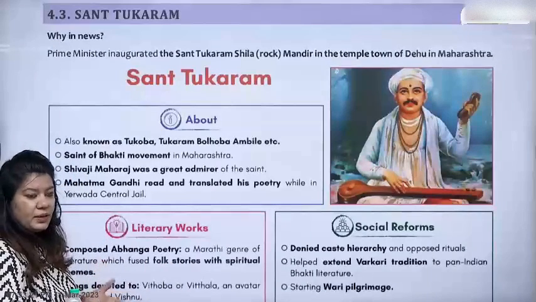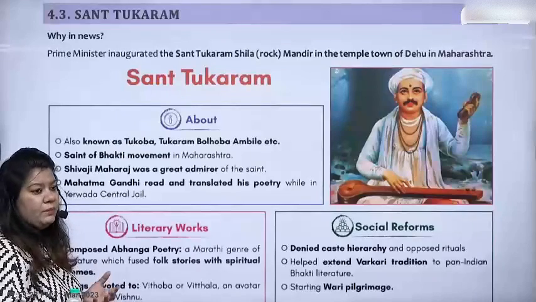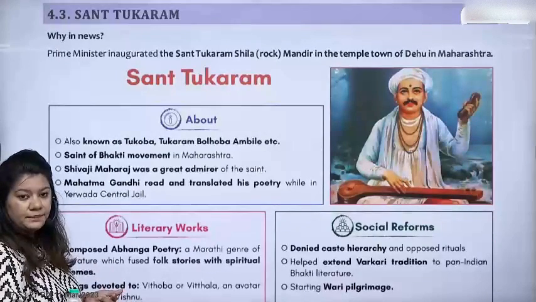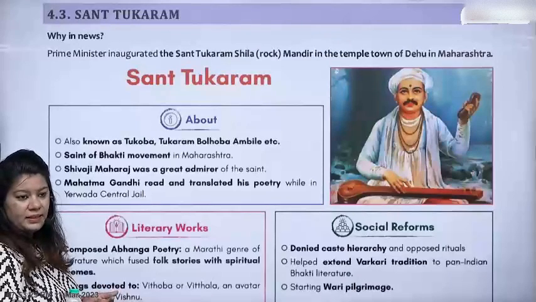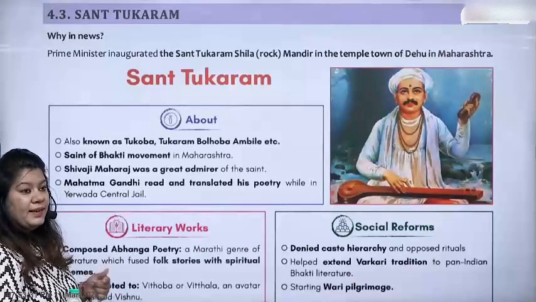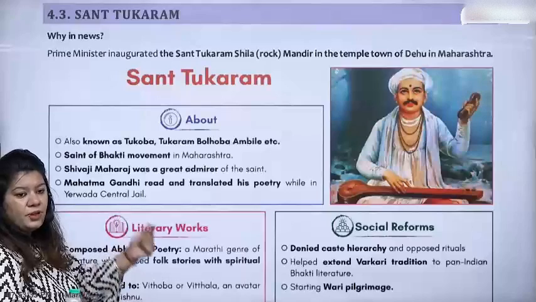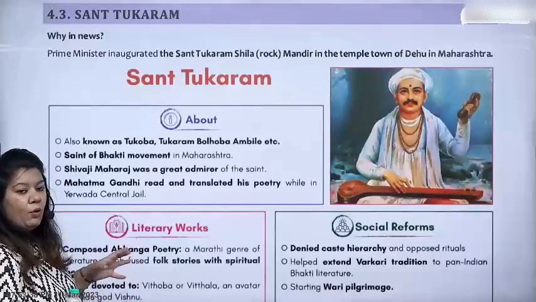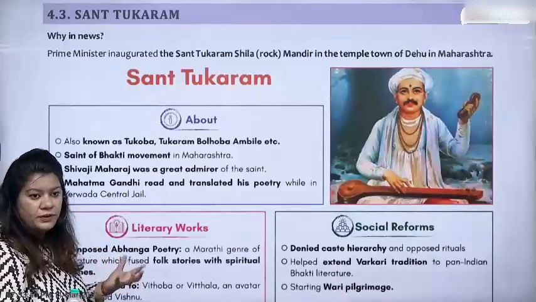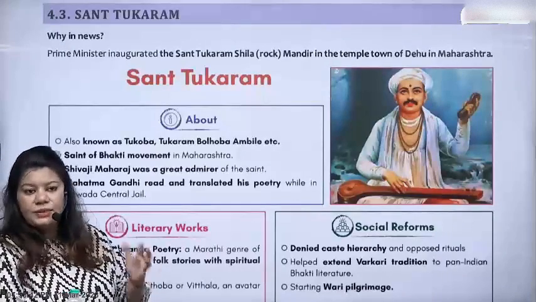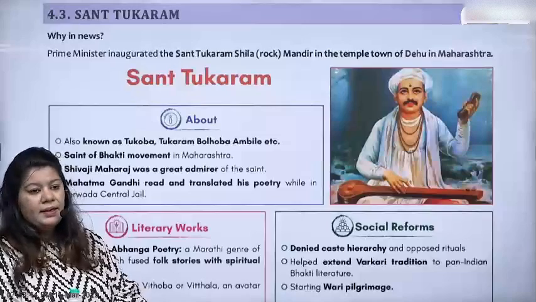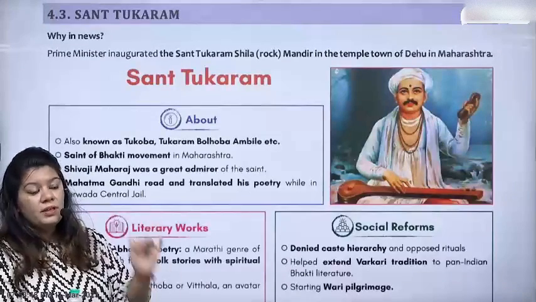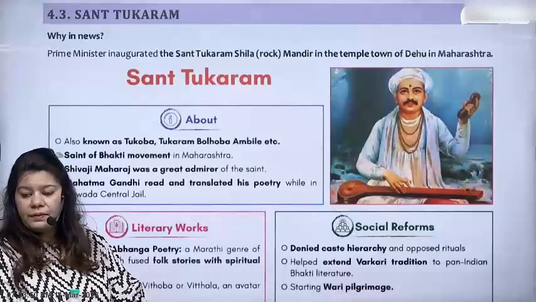So what is this Bhakti movement all about? The Bhakti movement started from South India in the form of Alvars and Nayanars, right? Then their disciples traveled to different places, and hence we see the rise of different Bhakti saints in different places, right? Like in Maharashtra we have Tukaram, then we have Chaitanya Mahaprabhu in Bengal, right?